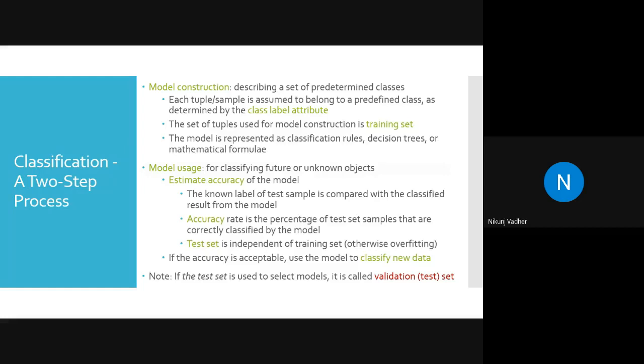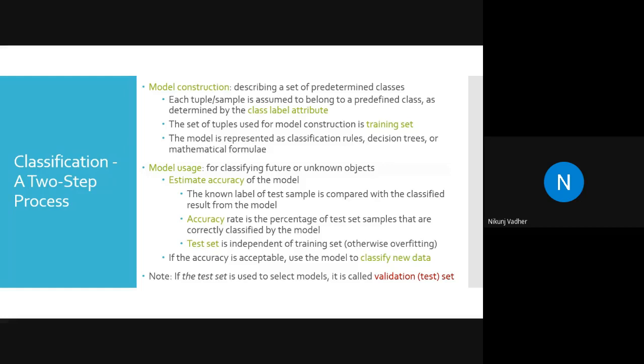The problems which you answer in the exam are the testing set. So theoretical explanation is training, and question and answer is testing. The same will happen with a data set: you train the model using the data set, and then you test whether it has learned properly or not.